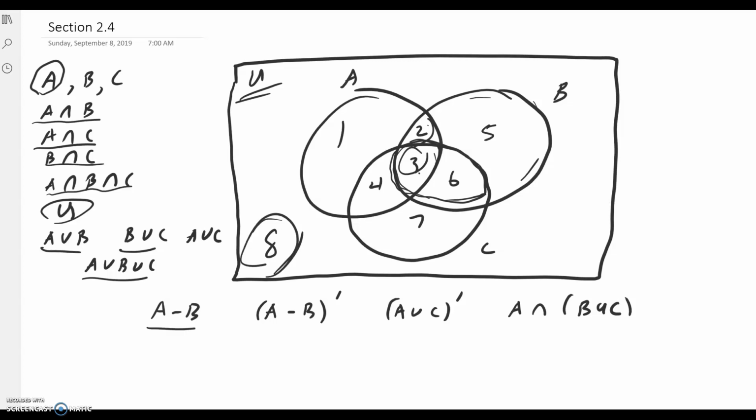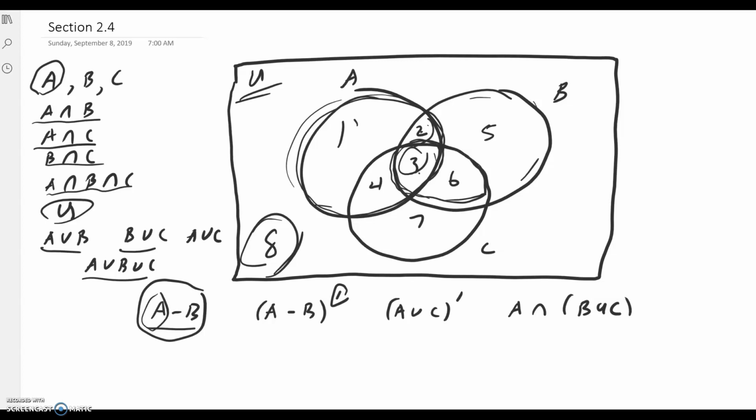The subtraction of two sets: A subtract B is everything in A. That's what you start with, all the stuff in A. And then you take away from that anything that happens to be in B. So we've got 1, 2, 3, 4. That's all in A. But the 2 and 3 are in B. So this is just 1 and 4. That's all that's in the set A subtract B. Now what is the complement of A subtract B?